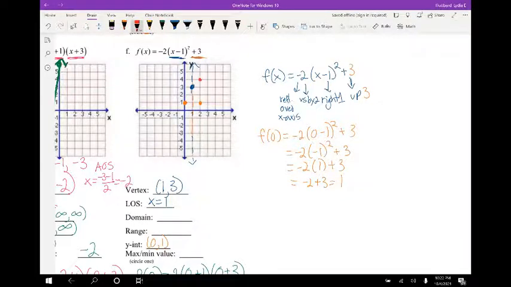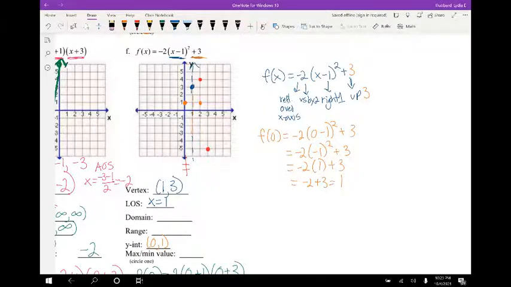If I reflect that over the x-axis, I would get 2, -4. If I vertically stretched it by 2, I would get 2, -8. And then I want to move that to the right one to get 3, -8, and move it up 3 to get 3, -5.